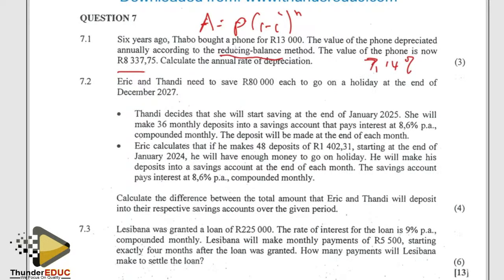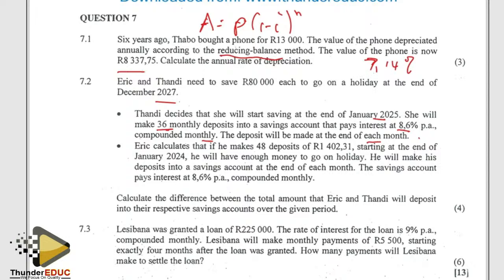Then 7.2, Eric and Tandy need to save 80,000 each to go on holiday at the end of December 2027. Tandy decides that she will start saving at the end of this year, or next year anyway. She will make 36 payments. The savings account pays this rate compounded monthly.